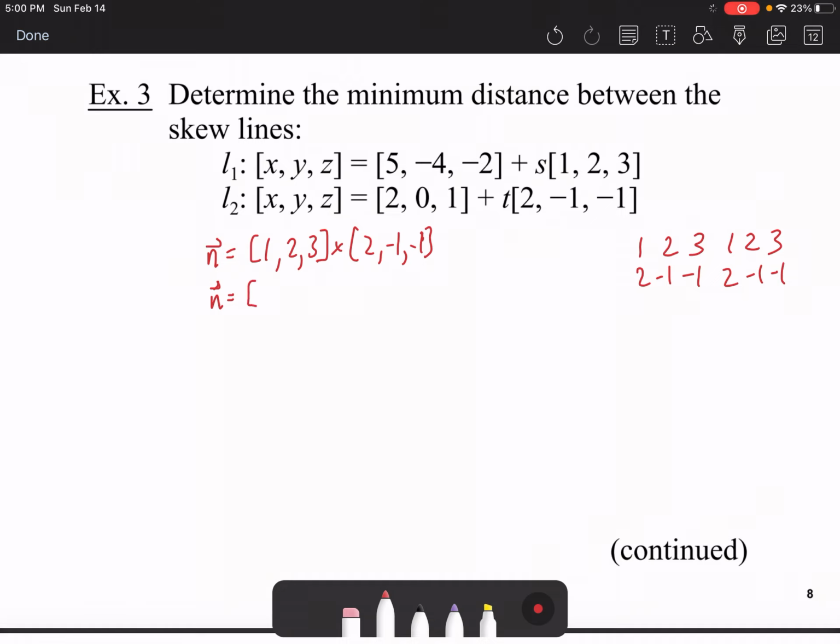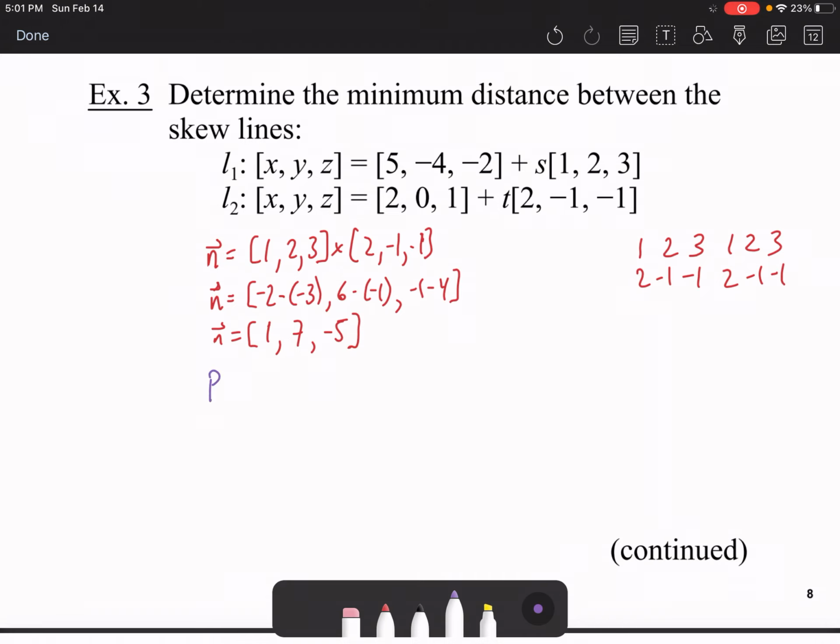Okay, so you should find negative 2 minus negative 3, then 6 minus negative 1, and negative 1 minus 4. So my normal turns out to be 1, 7, and negative 5.